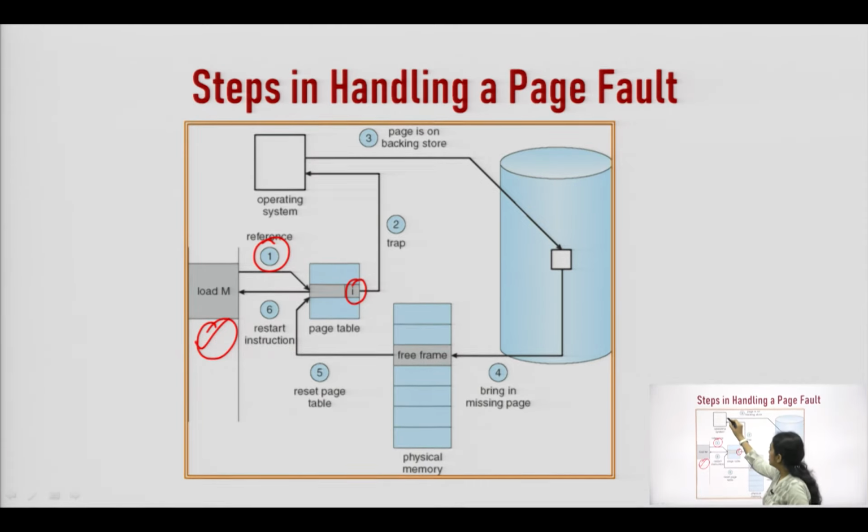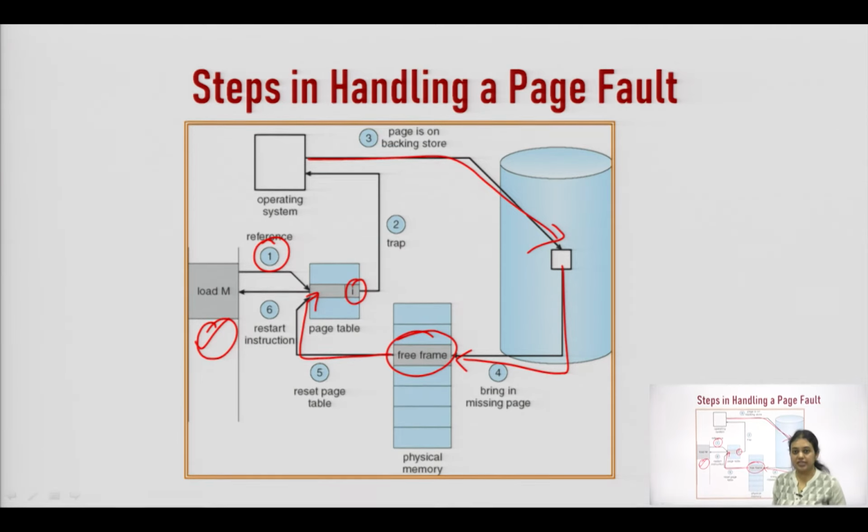So, it goes to the backing store where the page is located. From the backing store, it brings in the missing page in the free frame of the physical memory. So, where we have a free frame, there we put that particular page. Now, after the page is located in this free frame, then this page table is reset.